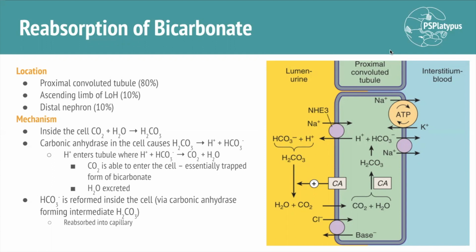This is then broken down by another version of carbonic anhydrase present on the apical surface of the epithelial cells to form water and CO2, and thus the cycle continues until all the bicarbonate that can be reabsorbed is back in the blood.